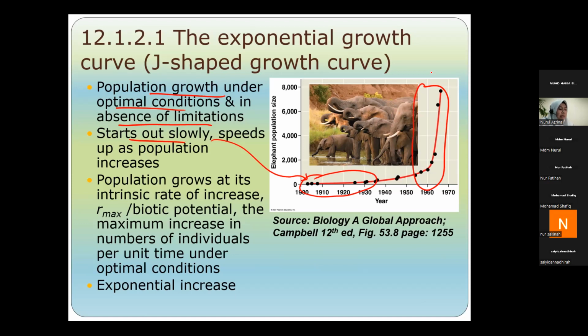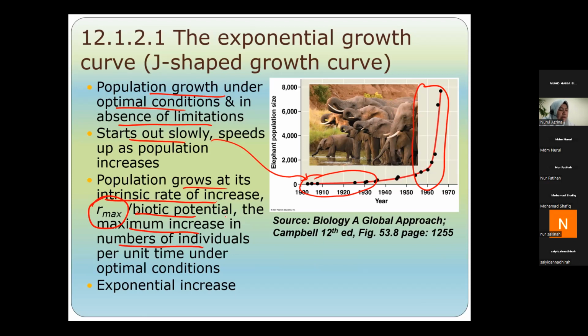So the population grows at its intrinsic rate of increase, or what we call biotic potential. The J-shaped growth curve of a population will grow at its biotic potential. What is biotic potential, or Rmax? It is the maximum increase in the number of individuals per unit time under optimal conditions.